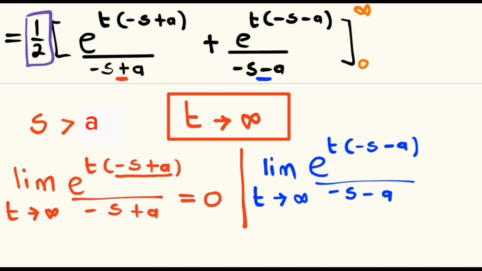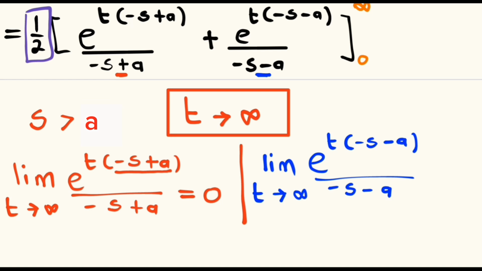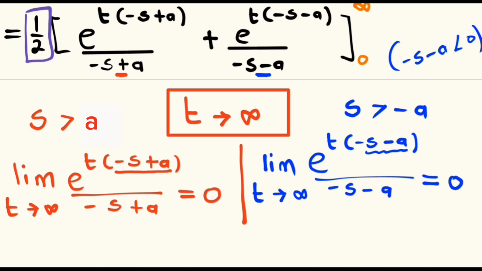In this case, in order to ensure convergence, s must be greater than negative a, because the part inside the parentheses, negative s minus a, must be less than 0, and if that's the case, then our limit will be equal to 0.